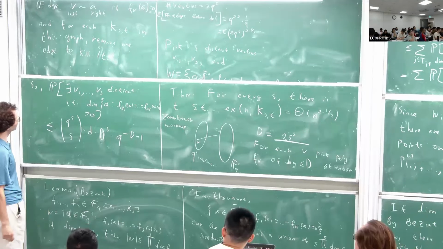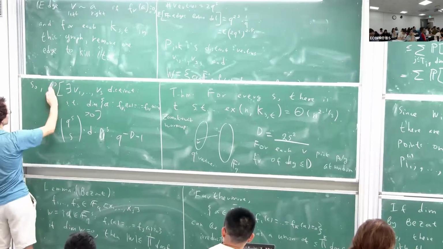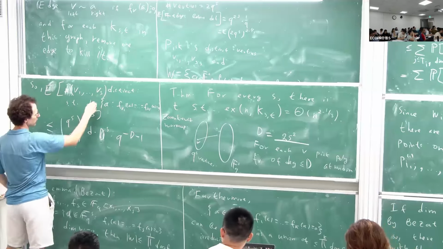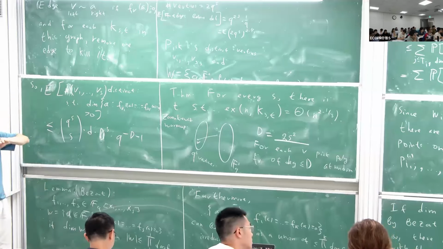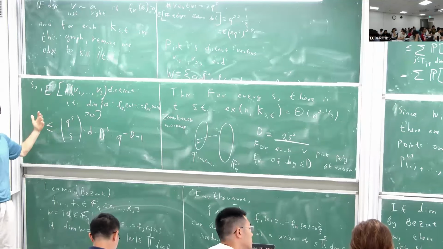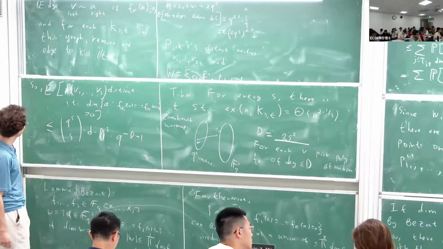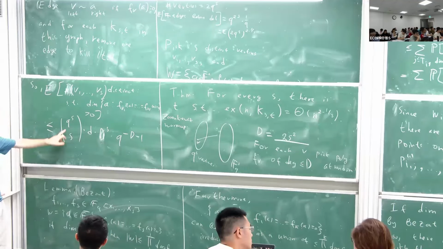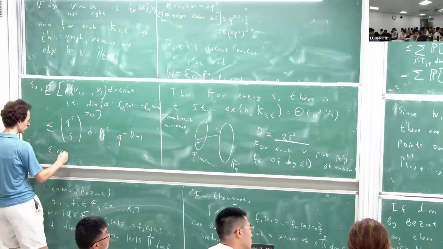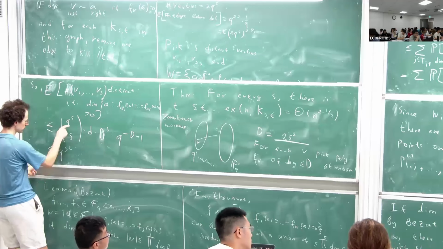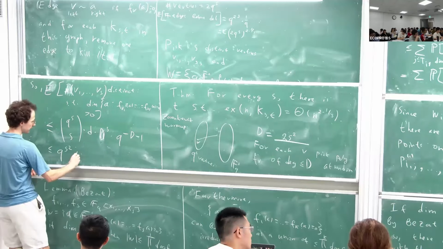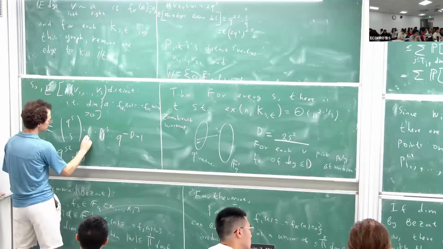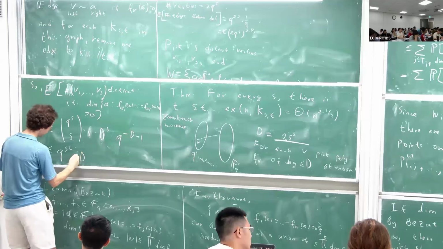Oh, I'm sorry, I should say, because we're doing deletion, I should write expectation, right? This is the expected number of bad S tuples. Because we're doing deletion, we need actually expectation for this. So for each S tuple the probability is this one. This is at most Q to the S squared, S D to the S. Not D, this is S because we're doing up to S, so I'm sorry.